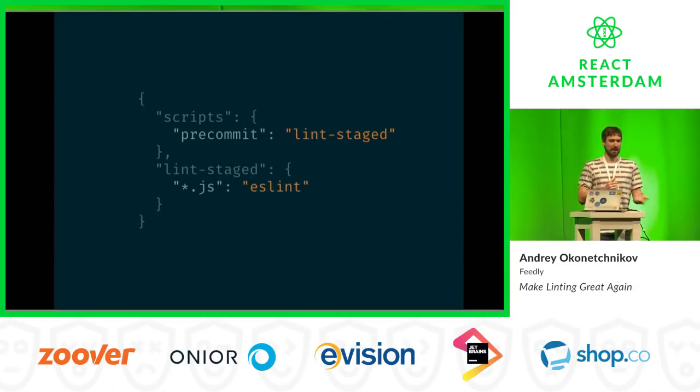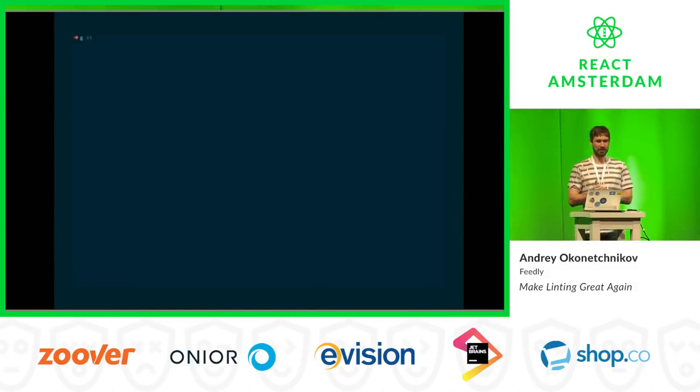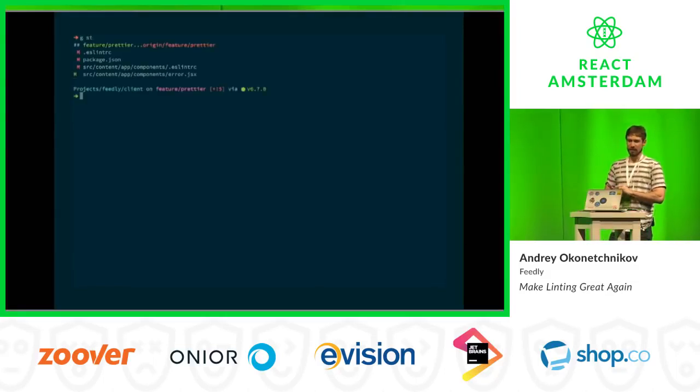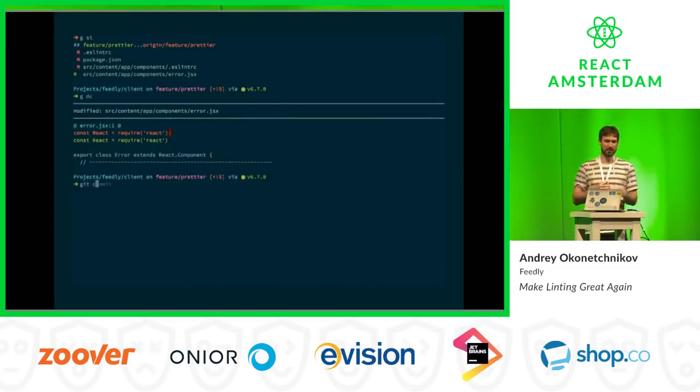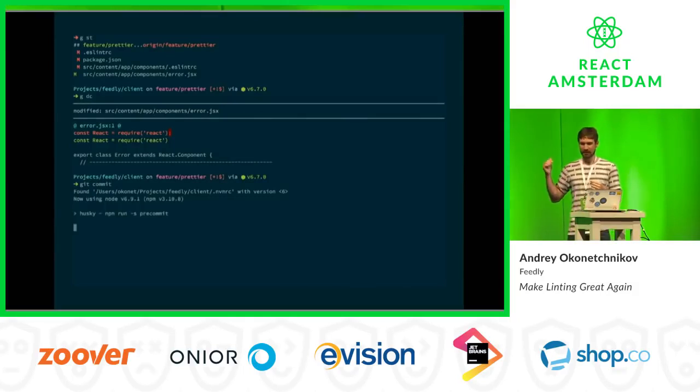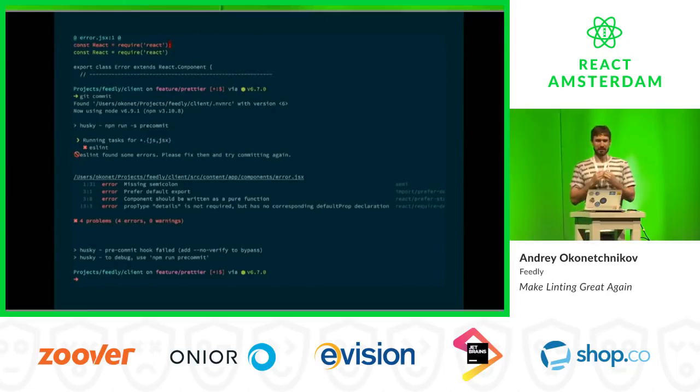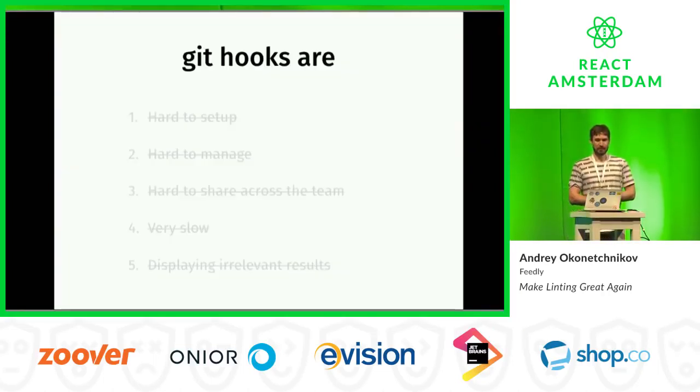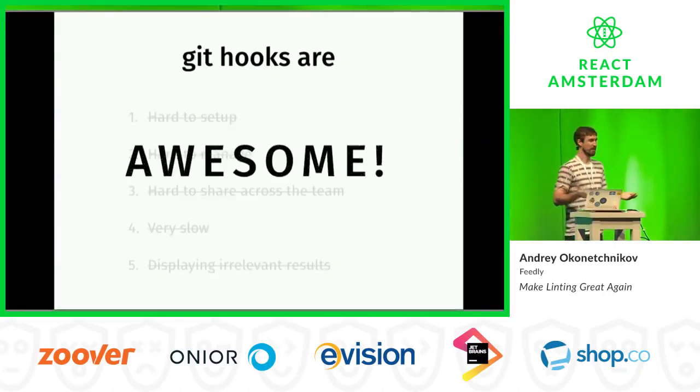It's a glob and a command you want to run on these files. And this is how it looks. It only runs this command on the staged files you're about to commit. So in this case, you see there's just one file I'm going to commit, and now it's running lint only on this file. So it's fast, and you see results that are relevant to this file and not to the rest of the changed files. Which makes Git hooks amazing, right?